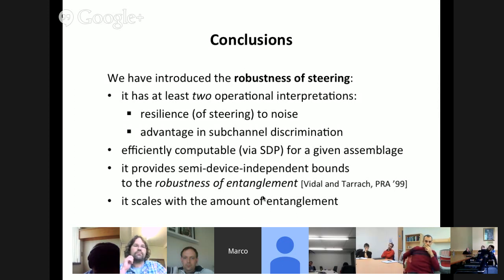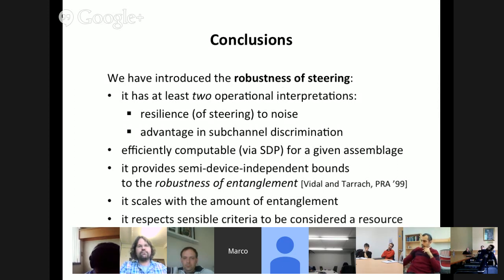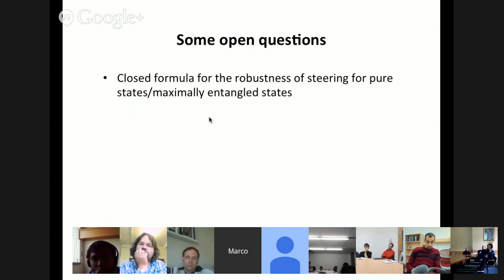In our case, these two situations, both in dimensionality and in degree of entanglement, are distinguished by the robustness of steering. And there are also recent results, by Gallego and Aolita, on creating a resource theory for steering. I'm happy that they found that our robustness of steering is a sensible quantifier when we look at steering as a resource.